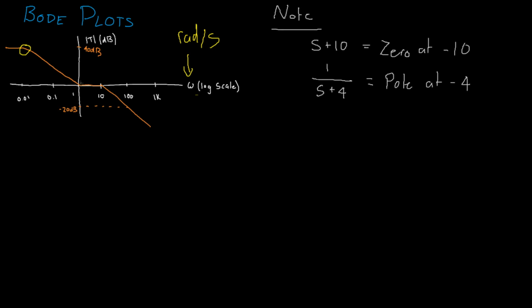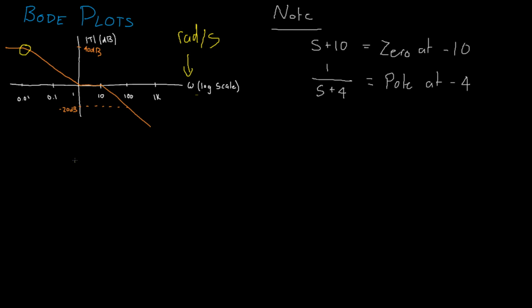Then, at 1, there is a zero, which adds 20 decibels per decade to the attenuation. Essentially, this cancels out our pole, which causes the flat section of our Bode plot. Lastly, there's an additional pole at 10, which causes another negative 20 decibel per decade drop-off.